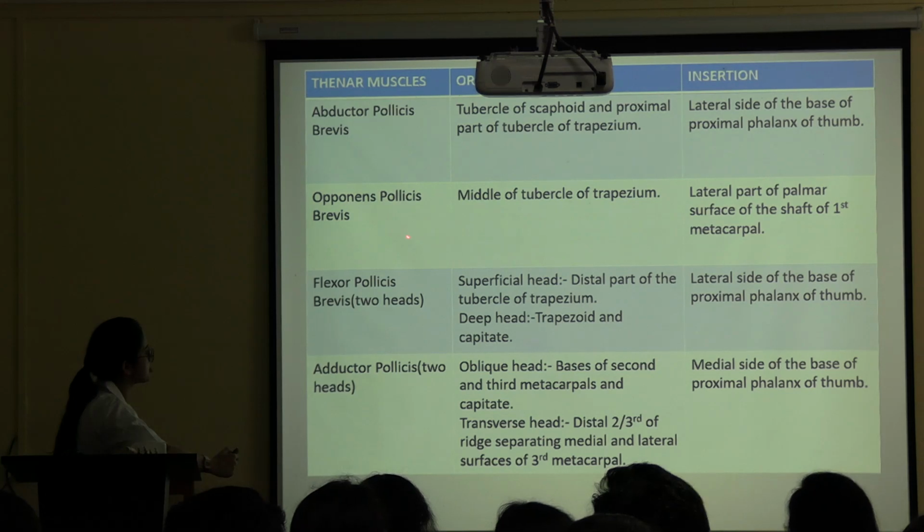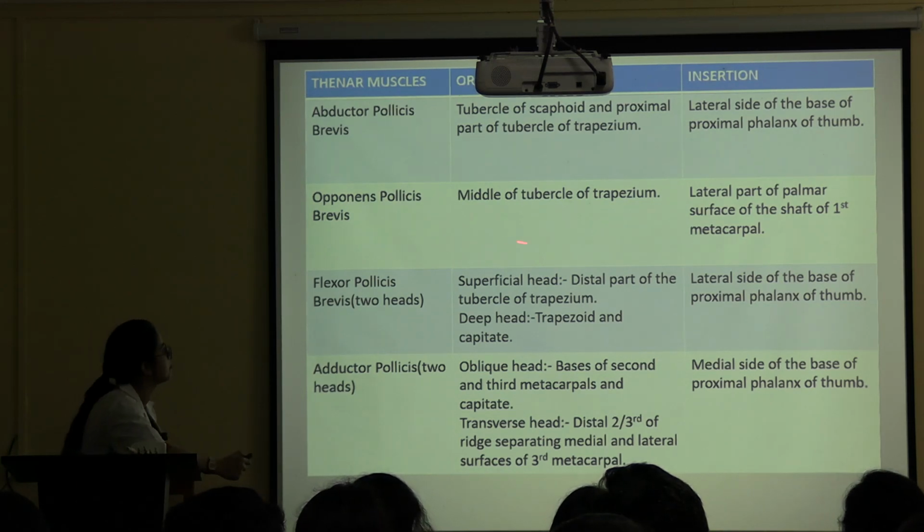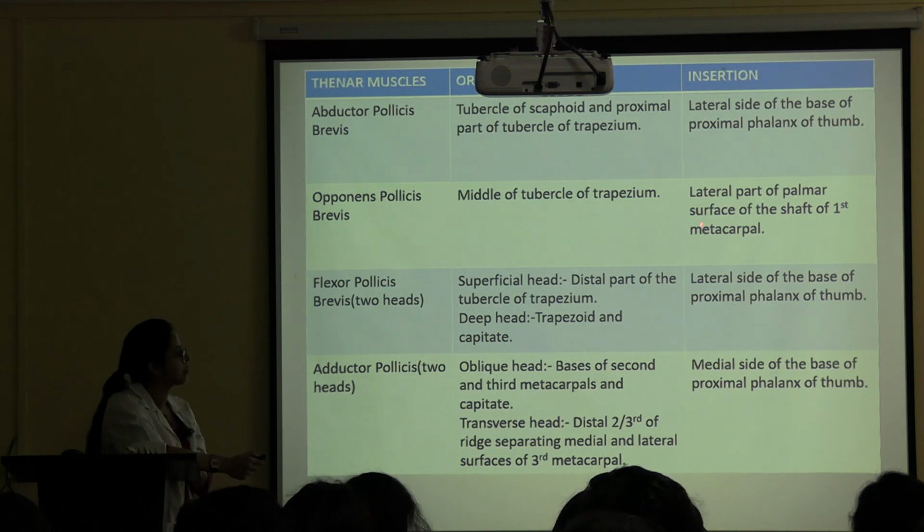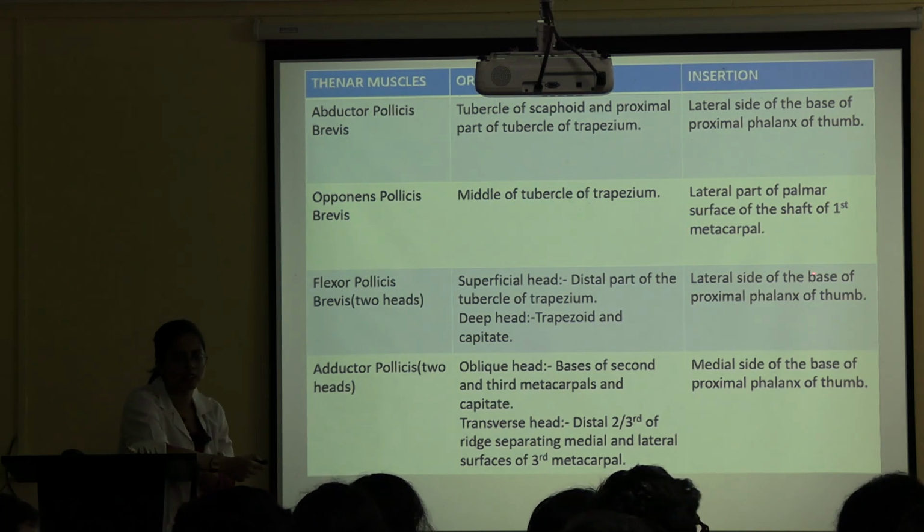Opponens pollicis brevis originates from the middle of the tubercle of the trapezium, and it is inserted on the lateral part of the palmar surface of the shaft of the first metacarpal.